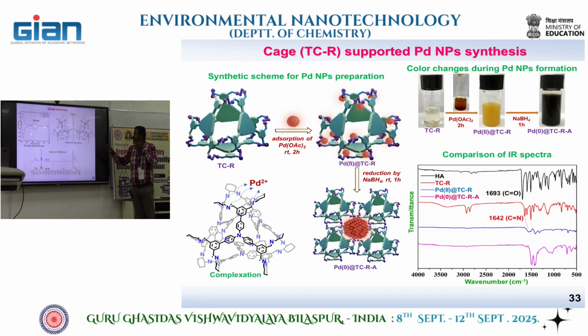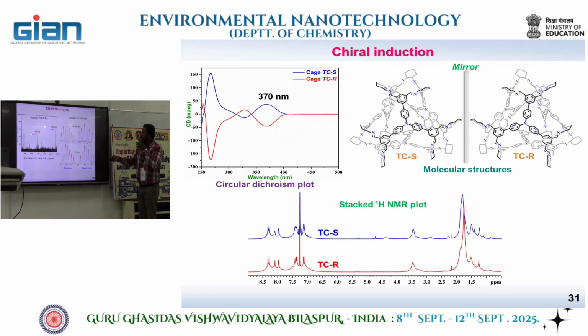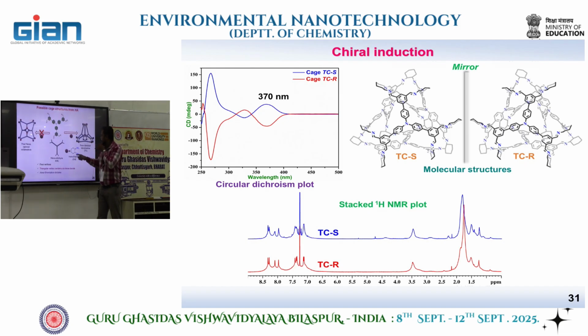Chirality also. So this is something different. This hexaldehyde was achiral. After forming the cage, it is giving a chiral cage. So it is chiral induction, and the chiral induction is happening from the cyclohexane diamine unit. That cyclohexane diamine we have taken enantiomer pure, and this is an achiral aldehyde.